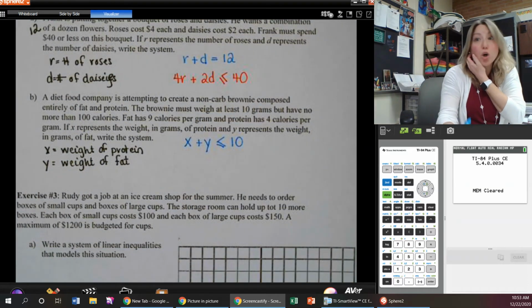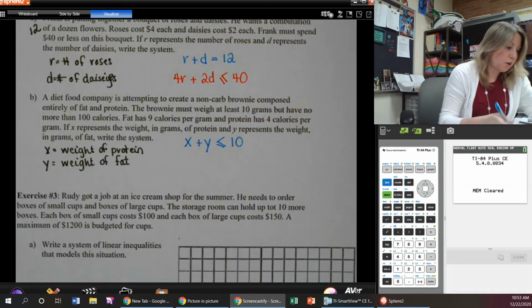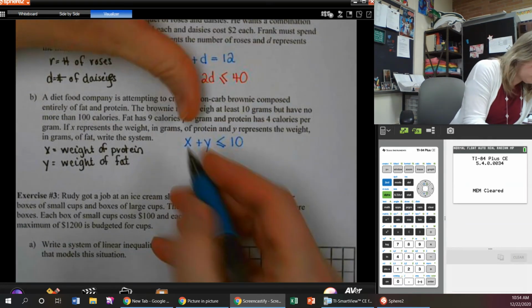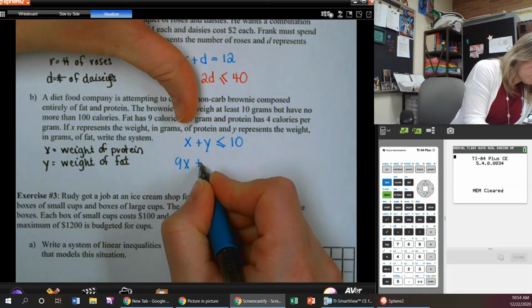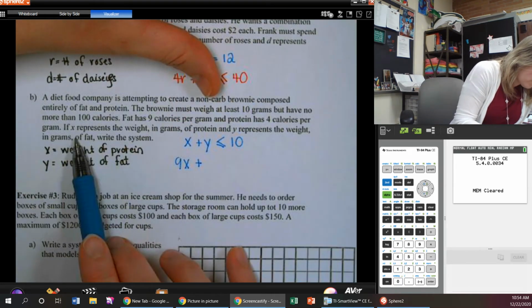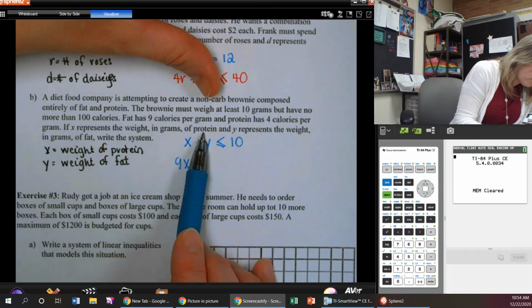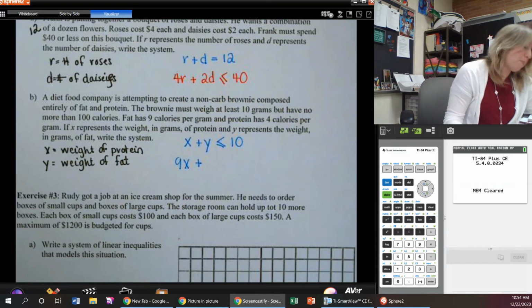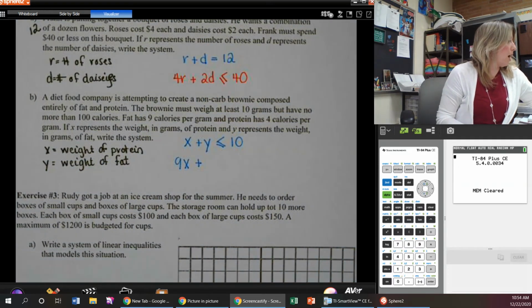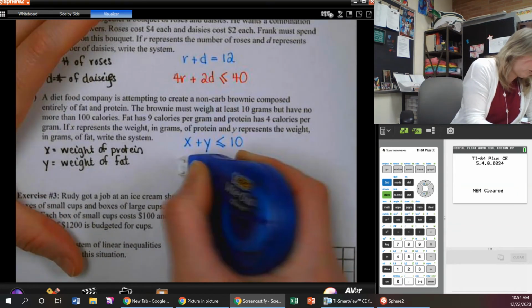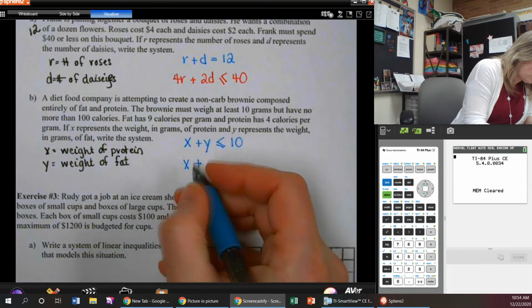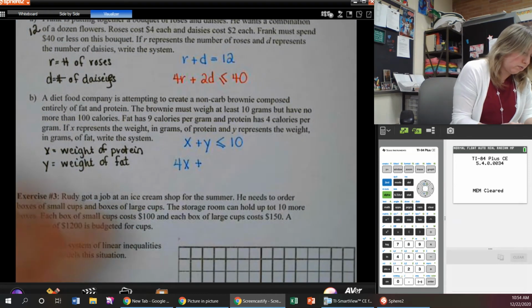Now it's per, right? So how much does fat have for calories? Well, fat has 9 calories plus protein. Wait, sorry. X is weight of protein. Oh, my bad. They gave them to me in the opposite order that I had my variables. So this should be 4 calories per protein, right?